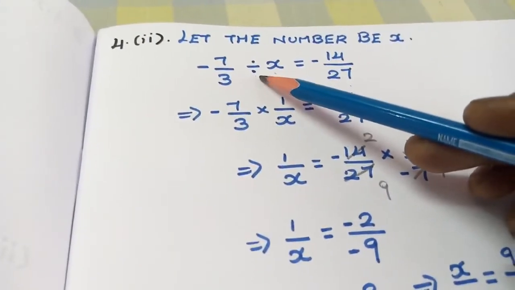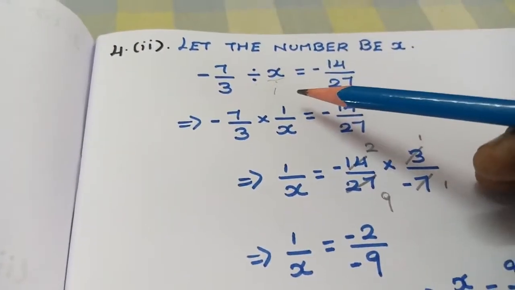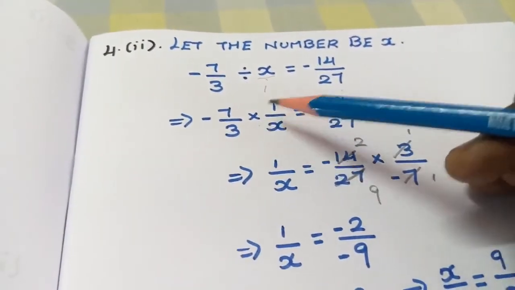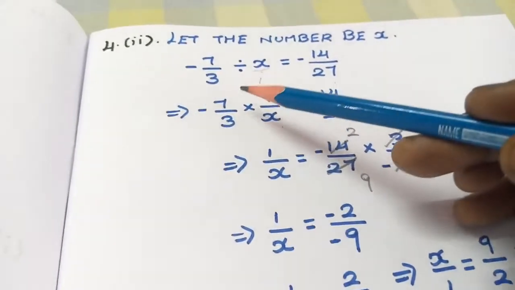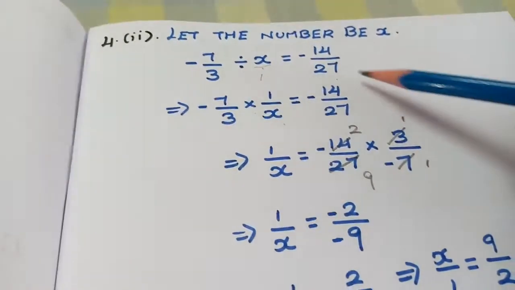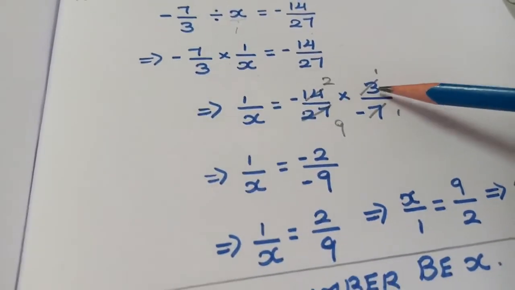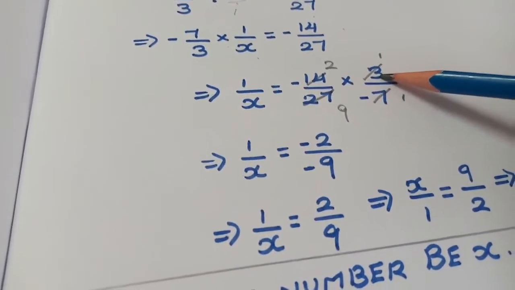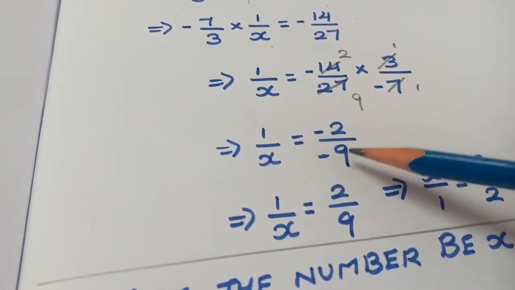First, convert this division into multiplication. If there is no denominator, it means 1. Convert into multiplication, 1 by x. Write the remaining value as it is. While you are bringing this minus 7 by 3 from left to right, it will change to its reciprocal. After changing into the reciprocal, cancel the terms. You are going to get the answer as minus 2 by minus 9.